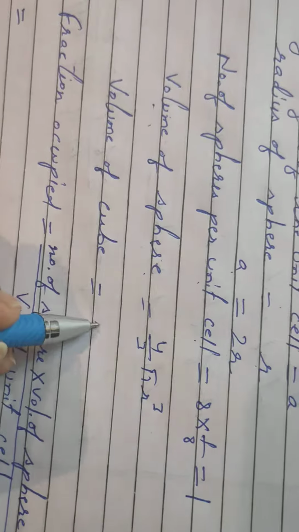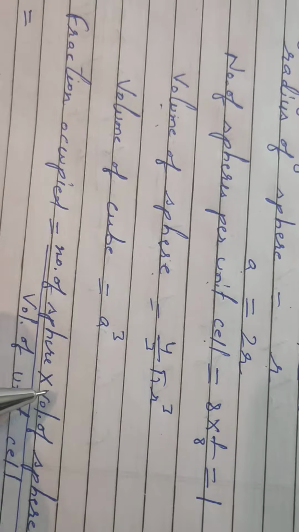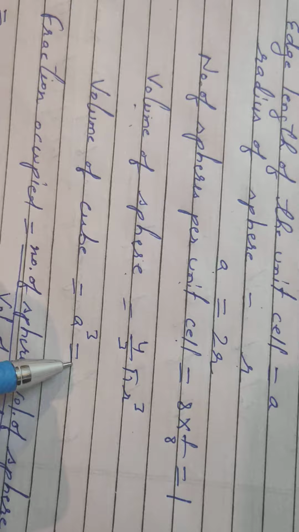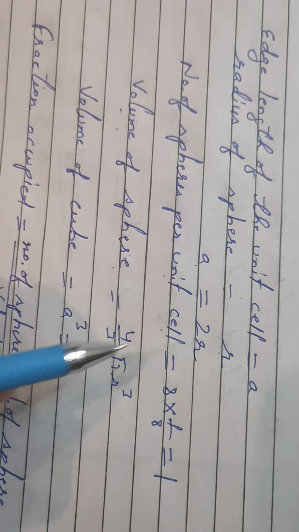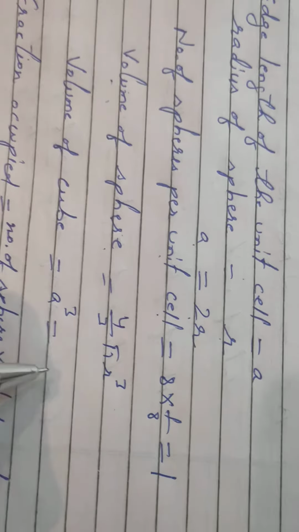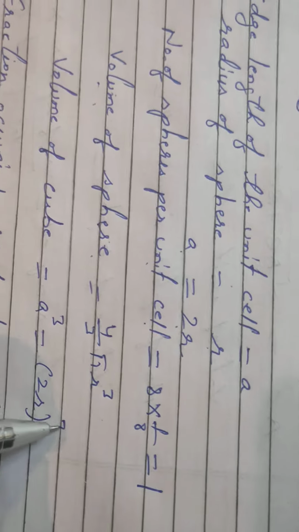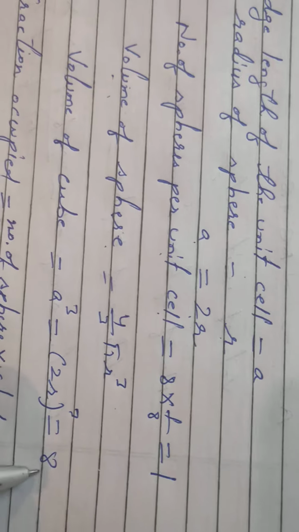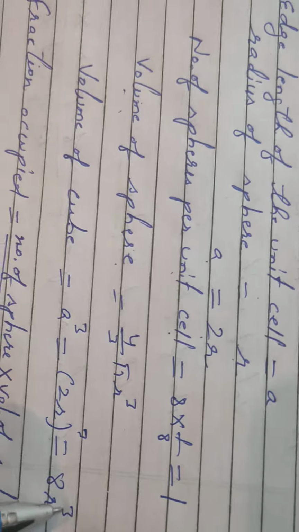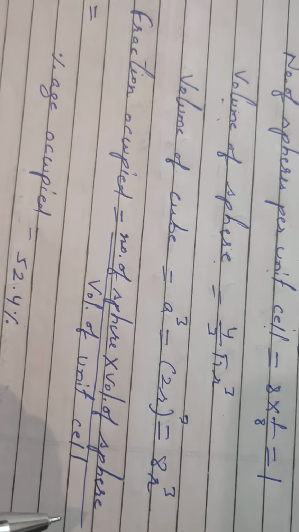Volume of cube will be equal to a cube. Now we are having a is equal to 2r. So we will put the value 2r here. So you will get 8 r cube, volume of cube.